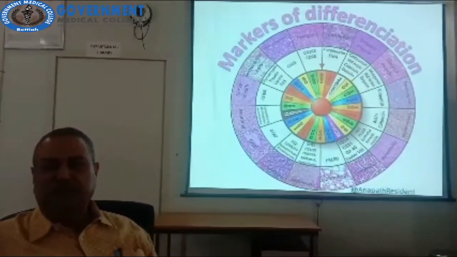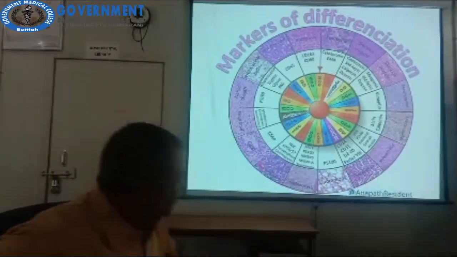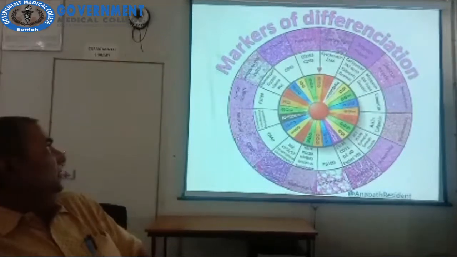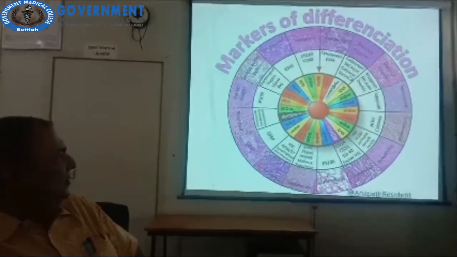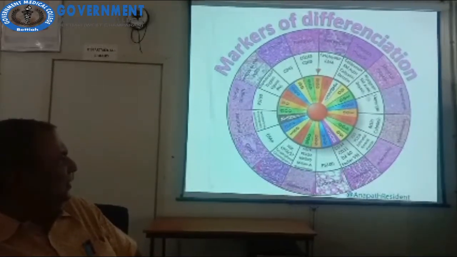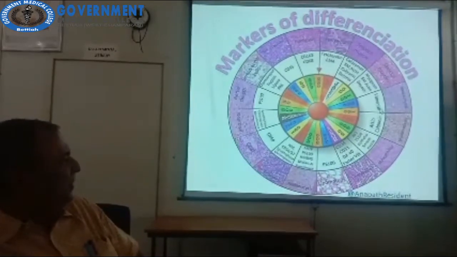Then markers of differentiation, it is given in a very nice way, like epithelial: cytokeratin, epithelial membrane antigen; skeletal muscle: myogenin; and mesenchymal: vimentin, desmin.